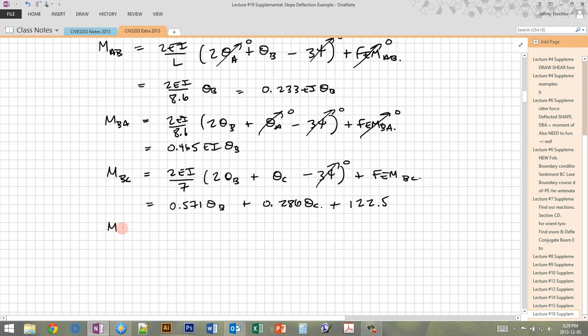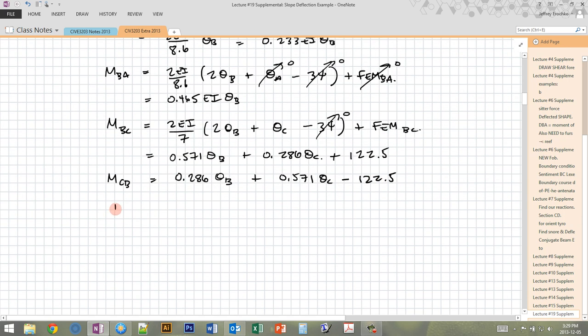So then let's do the other end of this member. And that's going to come out to 0.286 theta B plus 0.571 theta C minus 122.5, because this is a negative fixed end moment because it was clockwise. And likewise, we can get MCD and MDC.